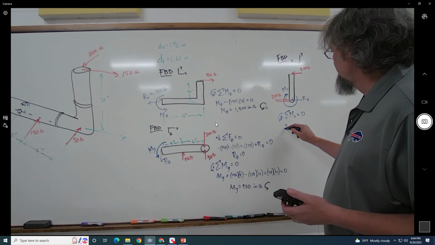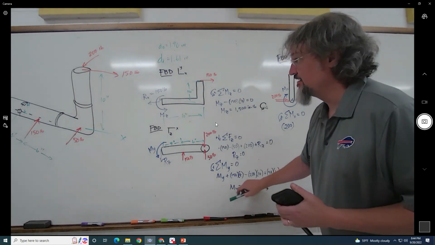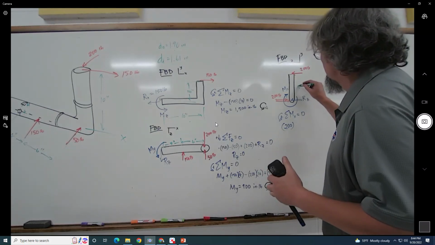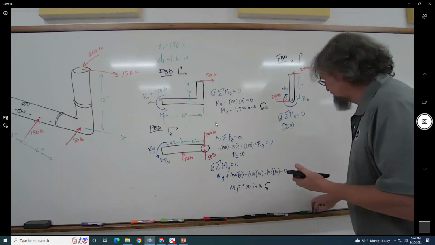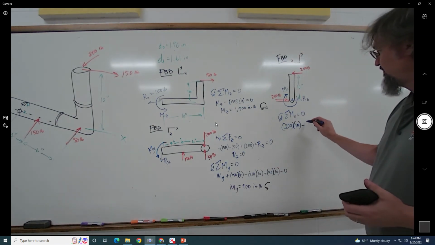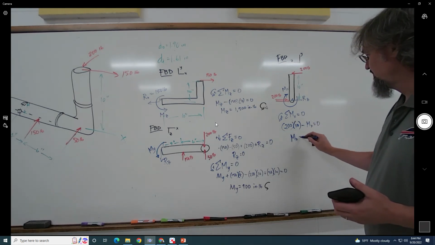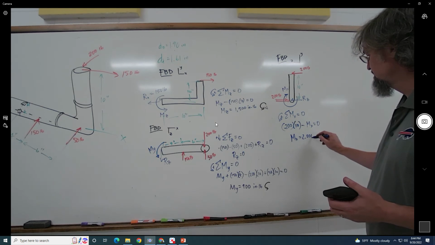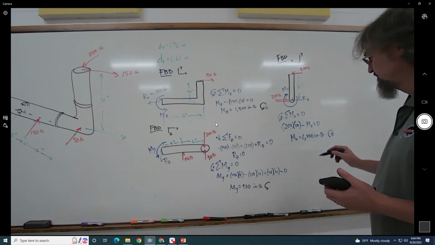We're going to say we have 200 times, we didn't write the dimension, but I believe that's 10, yep, 10 inches right in there. And then the reaction moment we wrote as clockwise. So the reaction moment is 2,000 inch-pounds, and that's going to be clockwise.